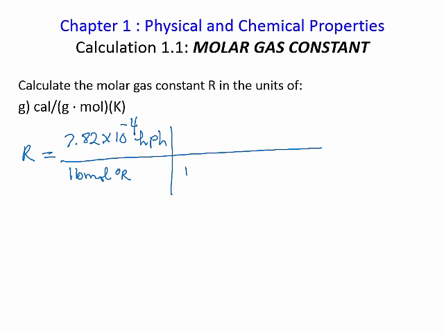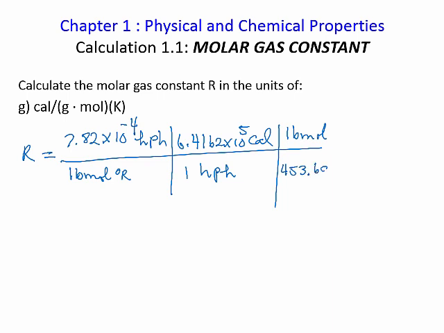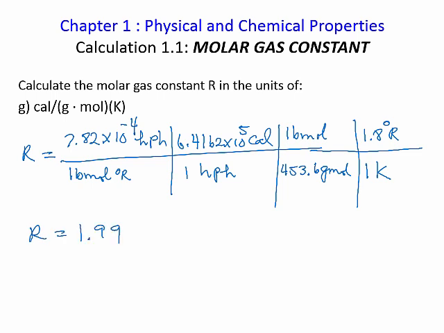We will convert 1 horsepower hour to calorie, 6.4162 times 10 to the 5 calorie, and then we convert gram mole and pound mole. 1 pound mole is equivalent to 453.6 gram mole, and also we convert Rankine, 1.8 degrees Rankine equivalent to 1 Kelvin. R would be equal to 1.99 calorie per gram mole degrees Kelvin.